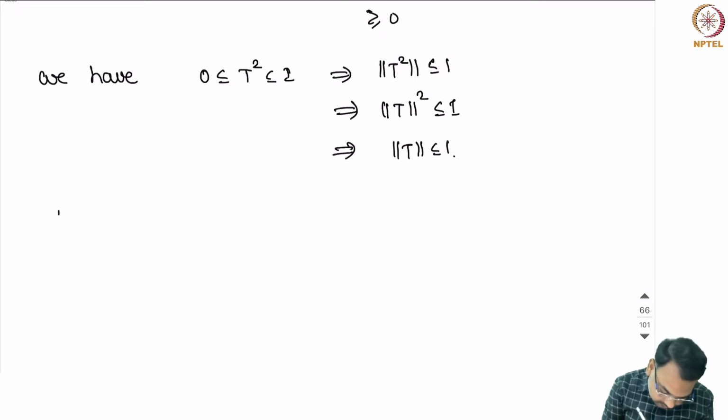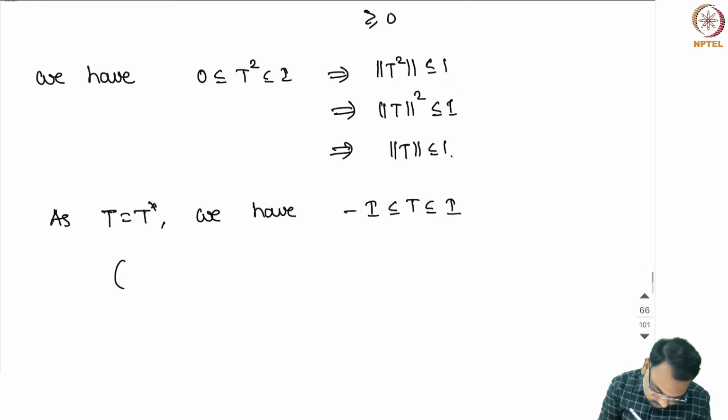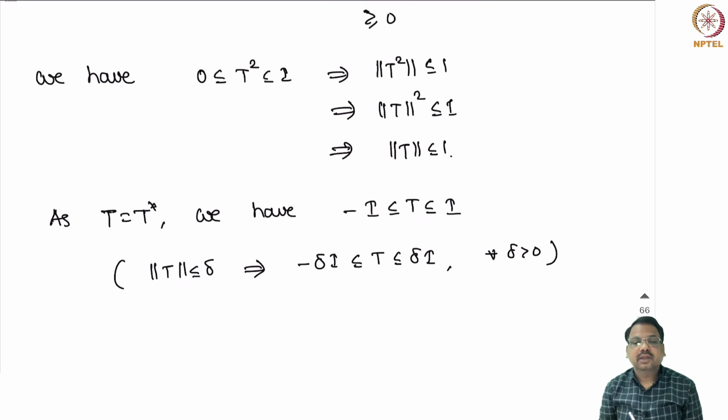But as T is self-adjoint, we know that minus identity is less than T less than or equal to identity. So we have shown this result: if norm T is less than or equal to delta, this implies minus delta I less than T less than delta I, for any positive delta, when T is self-adjoint.